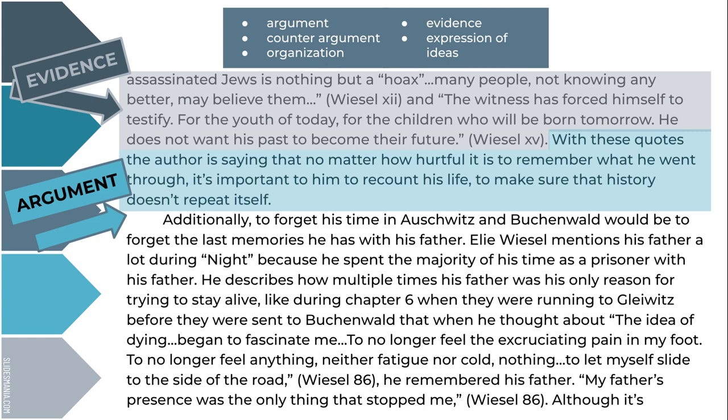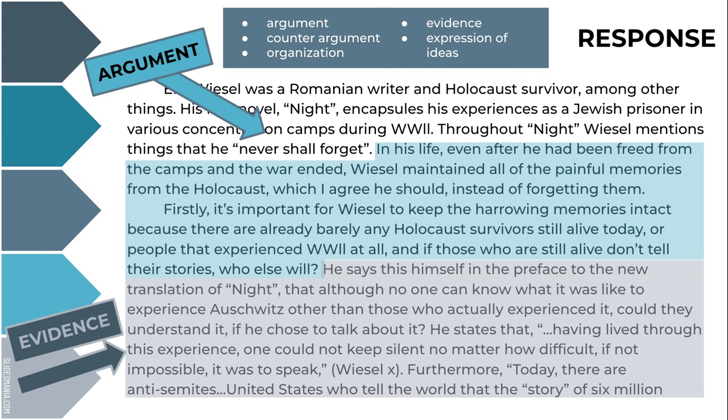If we think again, is the evidence specific, well chosen, and relevant to support his argument, we would have to say yes, it is. I also like the word "additionally" as a way to organize his thoughts. Remember, he began with "firstly," now we're with "additionally."